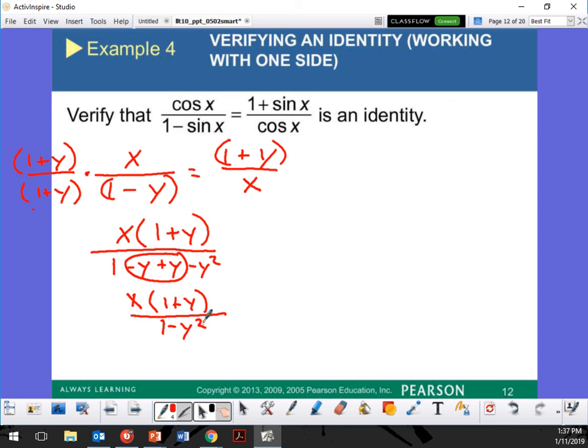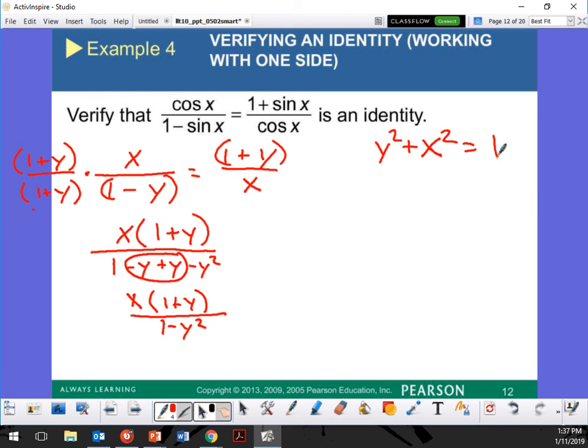From yesterday's notes, we were able to use Pythagorean identities. Whenever I see 1 minus y squared, I could replace that with cosine squared, right? I'll show it to you again if you guys lost it. So it's y squared plus x squared equals 1, right?